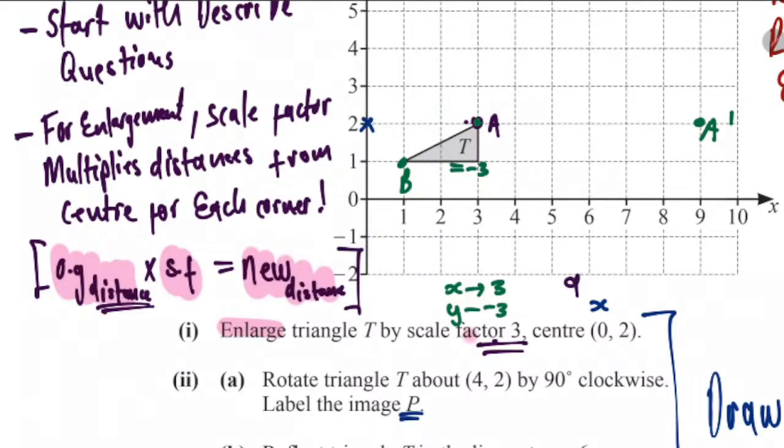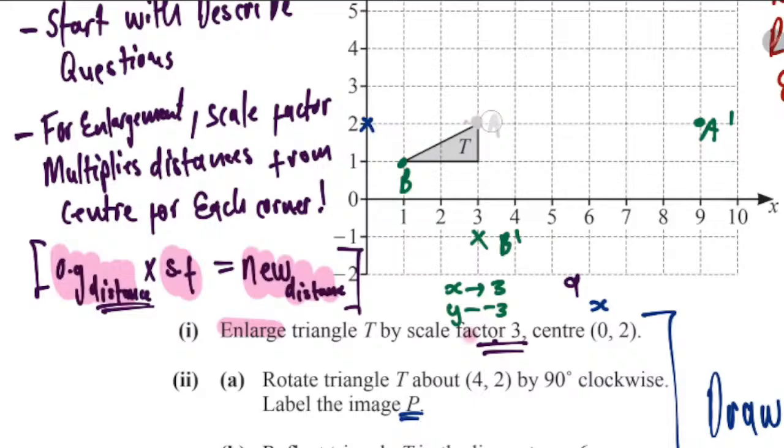To go to our new B, we go 3 in the x: 1, 2, 3. Then 3 downwards: 1, 2, 3. So it's going to be here. This is where B prime is. No way, sir, that's not true. It's true. The new B is going to be here. That's B prime. That's how you do it.